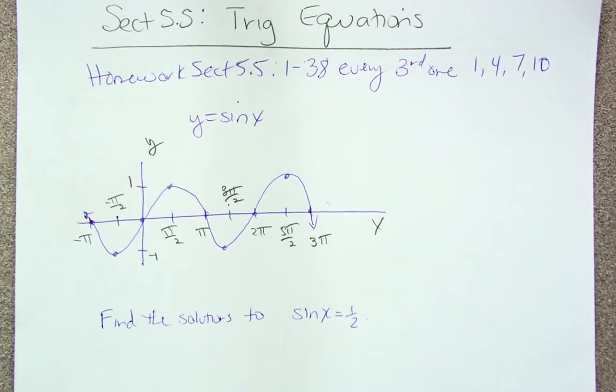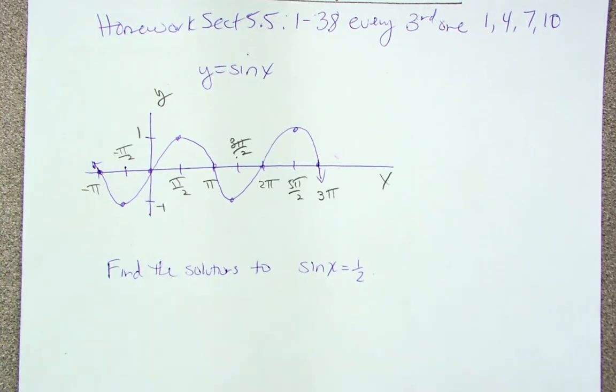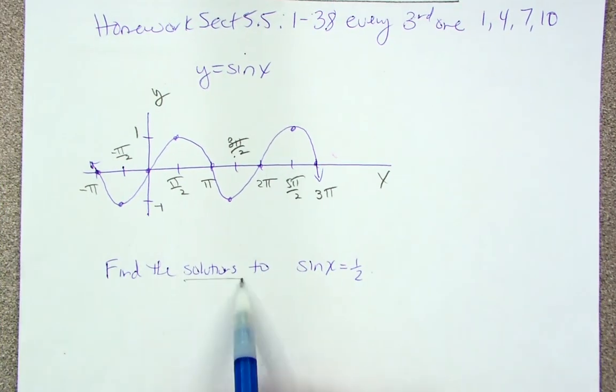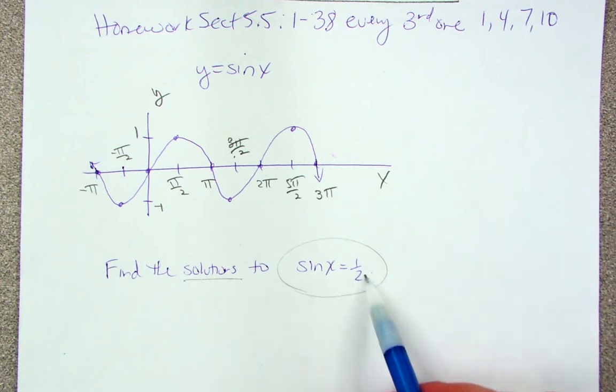From this graph, I'm going to do it pictorially, to find the solutions. I'm now going to solve this: find the solutions to sine of x equals 1/2. So my y output is 1/2. What x's will make this true?